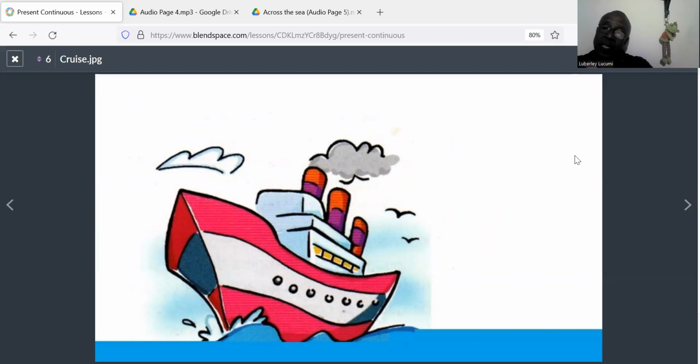What else? Action that you can do on a boat. Swimming, yeah, because normally in a cruise ship you can see 1, 2, or even 3 swimming pools. More actions. Tell me.